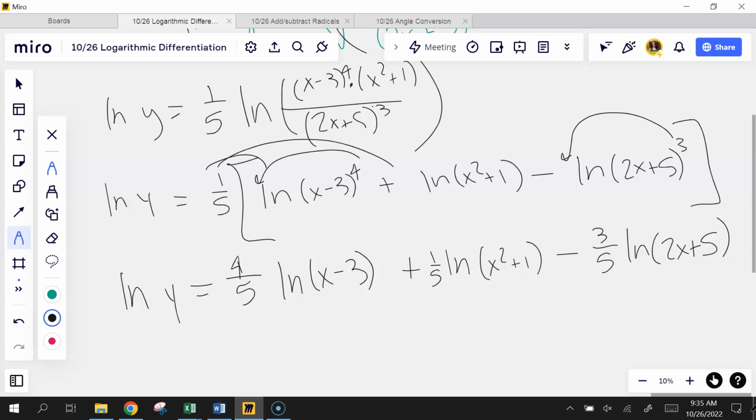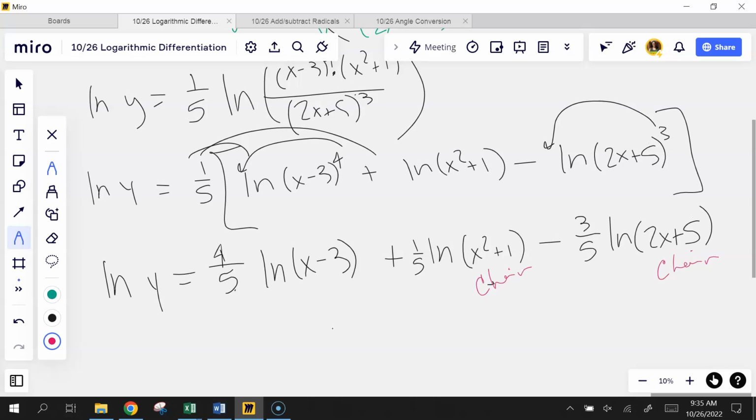Now you can take the derivative a little bit easier. They look bad, but they're really not bad because this is just 4/5 times 1 over x minus 3, 1/5 times 1 over x squared plus 1. Chain it. Don't forget the chains when you do this. Chain. Then it becomes a little easier.